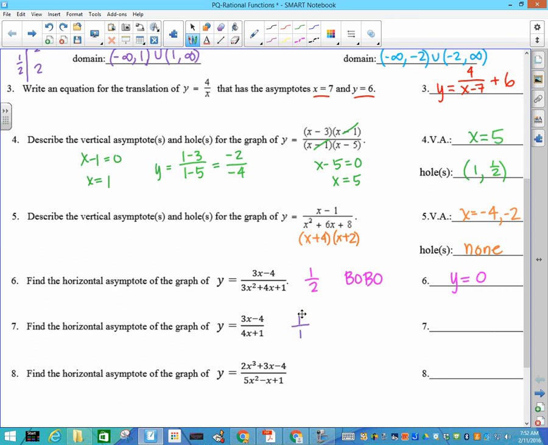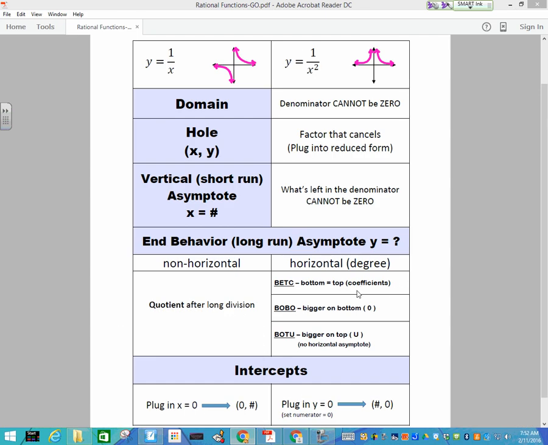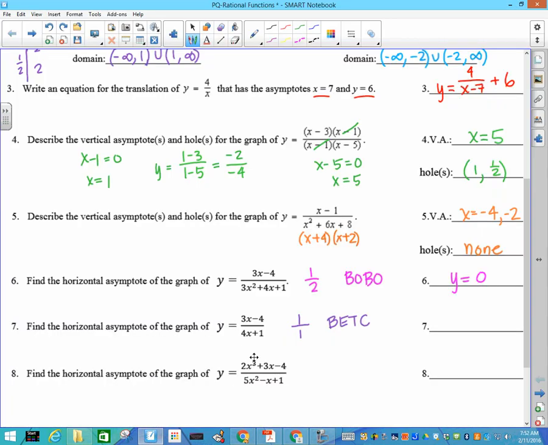So hopefully you see that the bottom equals the top. That's Betsy. When you look back here, what does the C mean? It says coefficients. That is the leading coefficients. So my horizontal asymptote here is y equals 3/4.